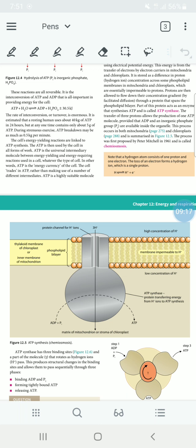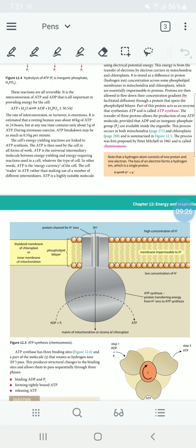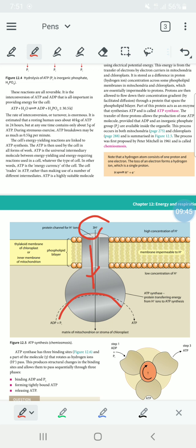Then you have this larger circle here. This part is the ATP synthase, and it will facilitate the conversion of ADP and inorganic phosphate into ATP when 3 H plus, or 3 protons, come in. So this is what happens.